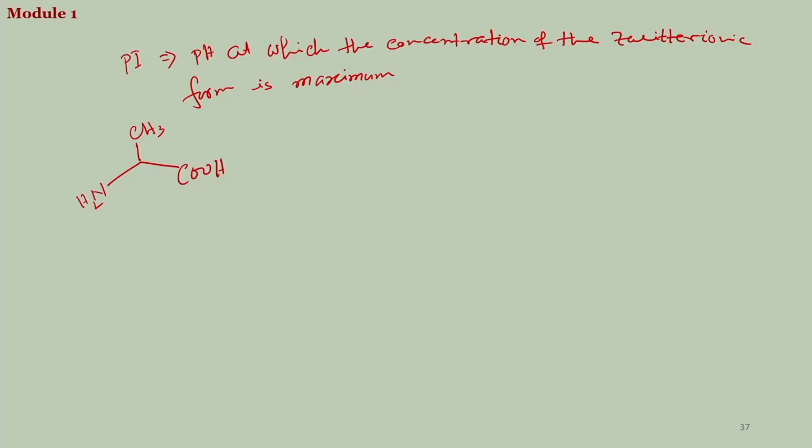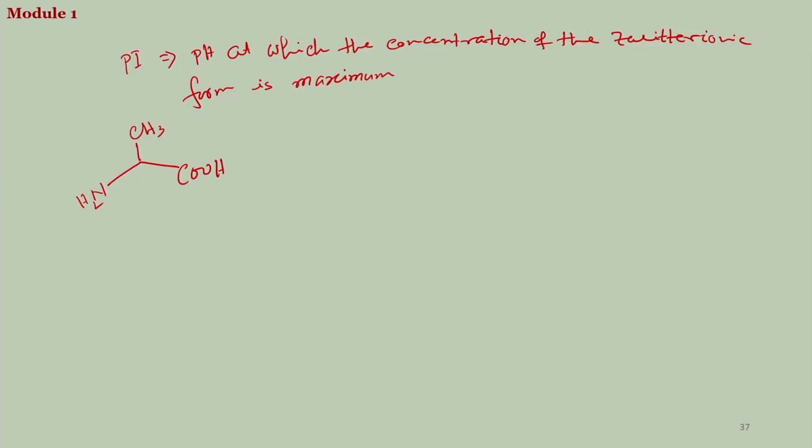You do a titration of the amino acid against a strong base, sodium hydroxide usually. Sodium hydroxide or potassium hydroxide can also be used. So, strong base against the amino acid. You start with a very low pH and then see what changes you are having.